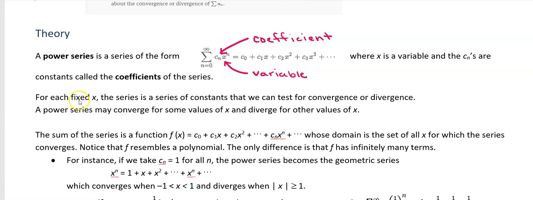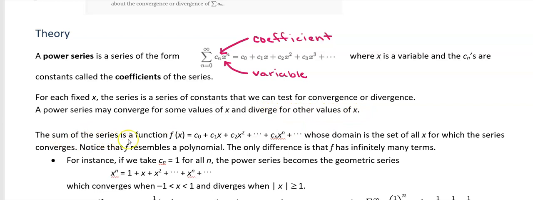Now, for each fixed x, the series is a series of constants that we can test for convergence or divergence. A power series may converge for some values of x and diverge for other values of x.